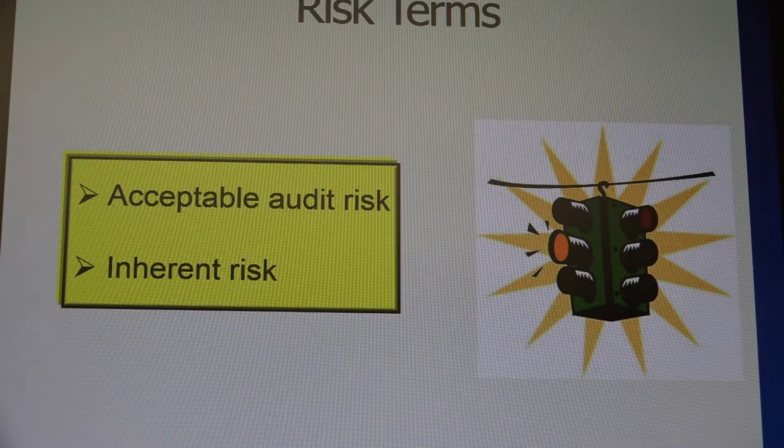If the risk that they're willing to accept is low, meaning they're not willing to accept a great amount of risk, then they may want to conduct more tests, obtain more evidence. They may just simply decide not to accept the client, because who needs the headache? Who needs the potential lawsuit?